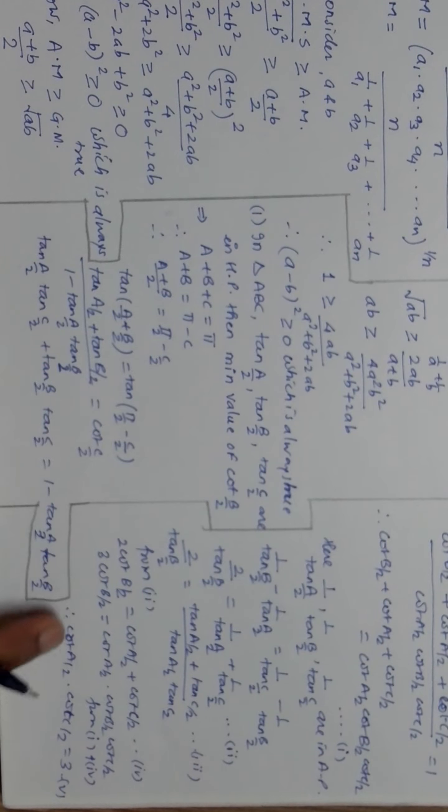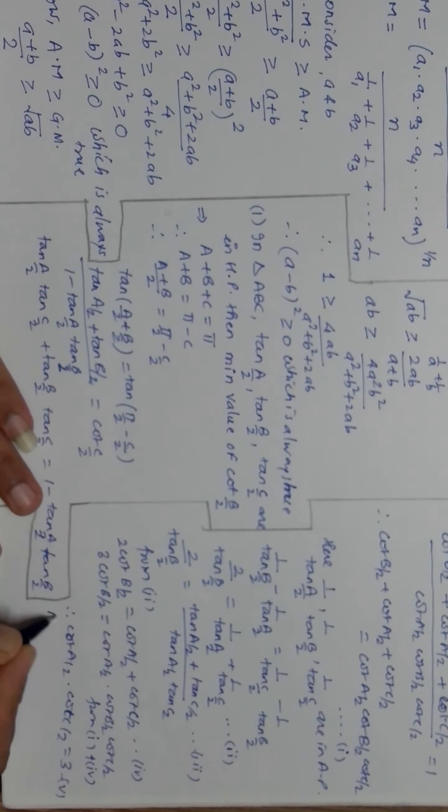Okay, so these are two numbers in front of me right now. So I will say here arithmetic mean. The arithmetic mean of these two numbers will obviously be the sum of the two numbers divided by 2, that is cot A by 2 plus cot C by 2, divided by 2.